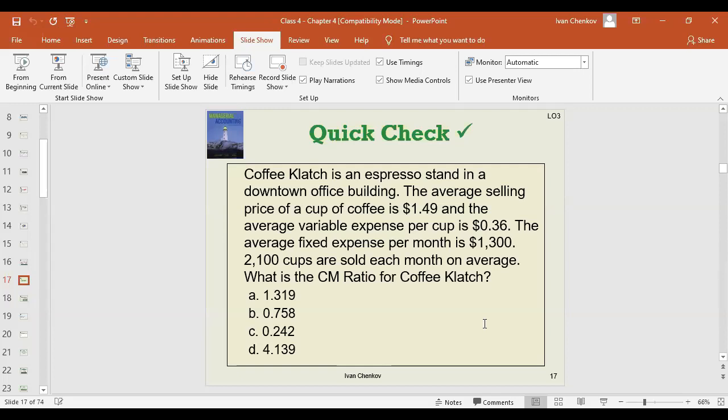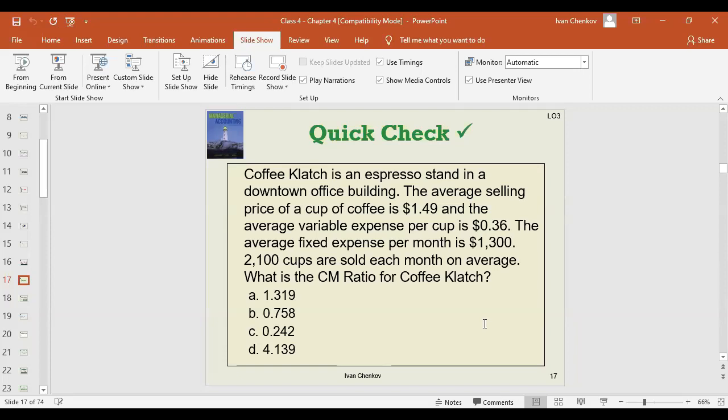So, question for you: if you don't want to calculate it, is it possible for the contribution margin to be more than 1? Yes?